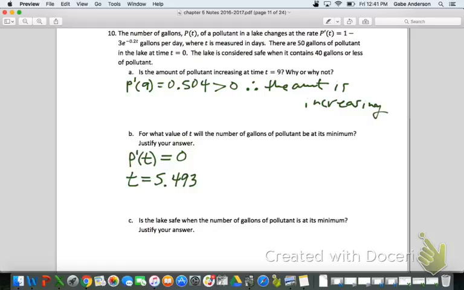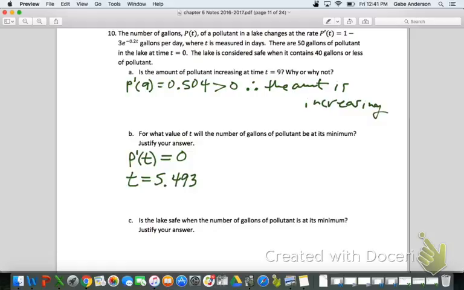Refer back to your calculator graph if you want, but at that place where P prime crosses the x-axis, is P prime crossing from negative to positive or positive to negative? Doesn't that start to give us a sense of what might be happening here? If P prime goes from negative to positive, then P has a minimum.